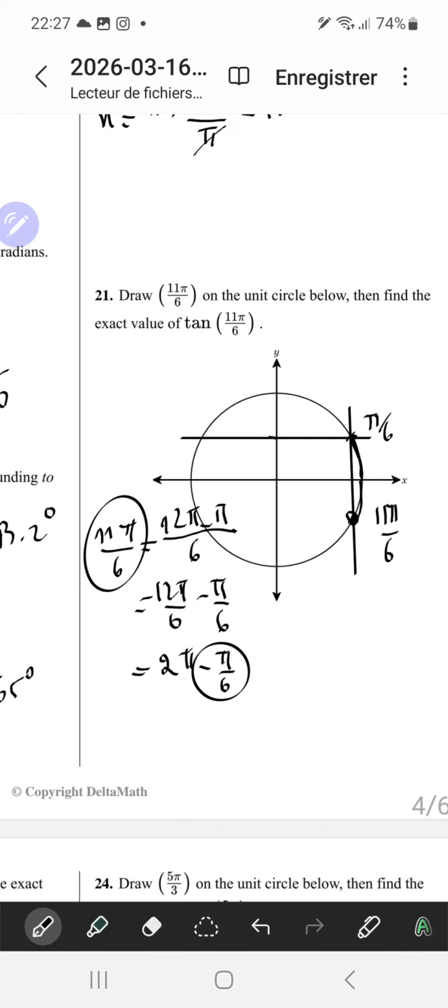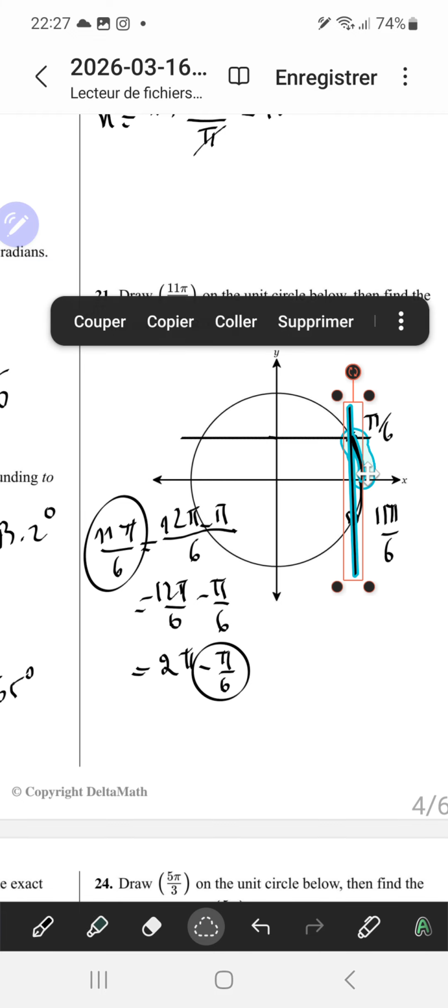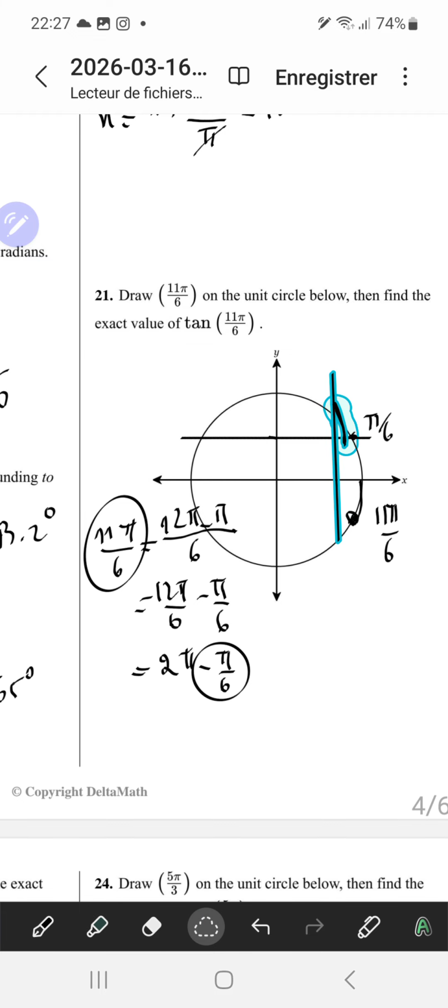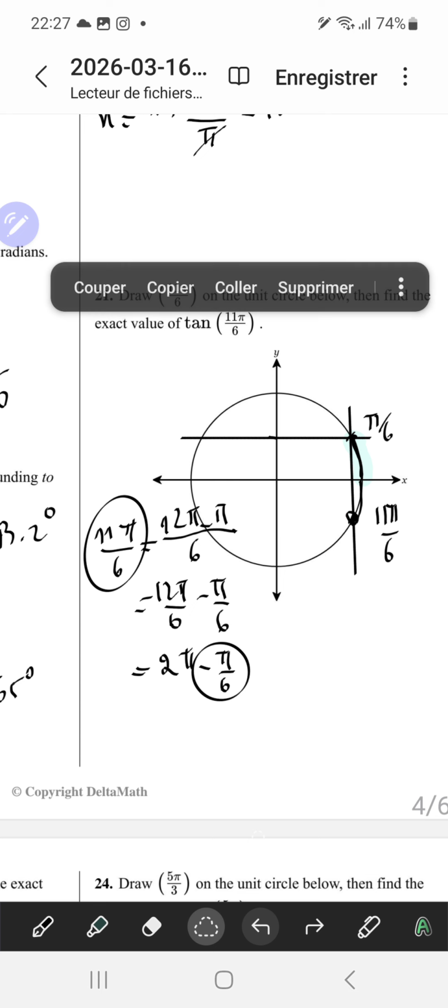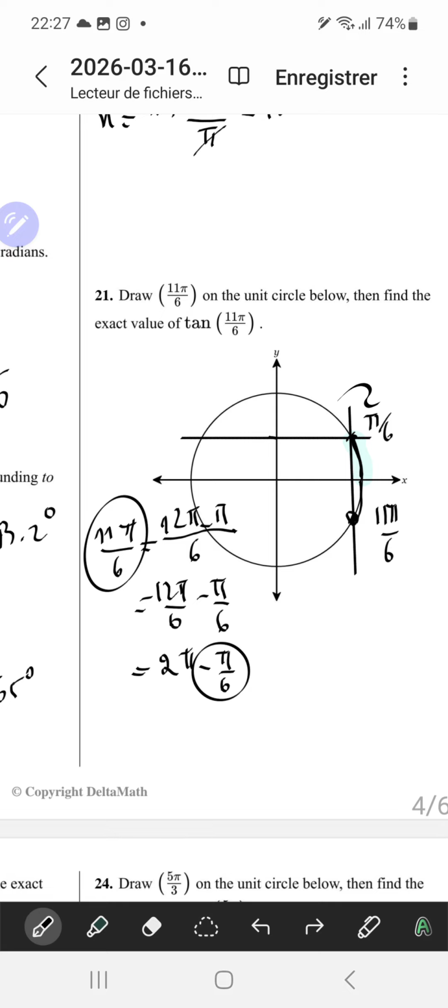If we see this, look. If we take it, 1, 2, well, anyway. Here we have pi over 3. So 2, 3, 4, 5, 6, 7, 8, 9, 10, 11.